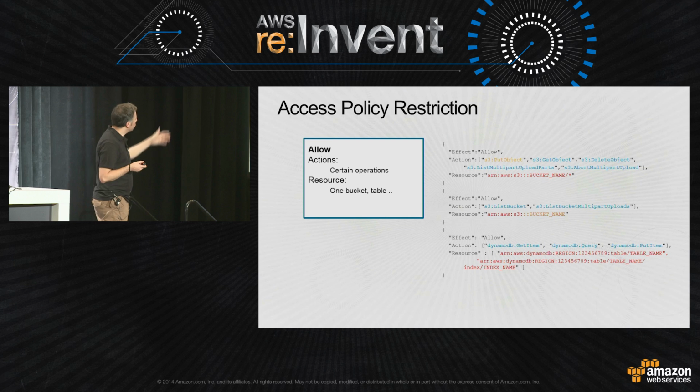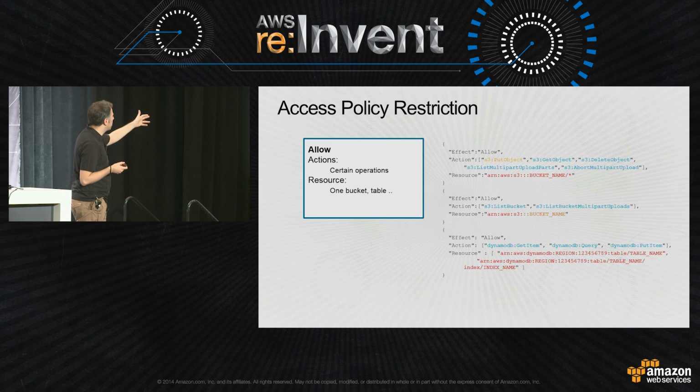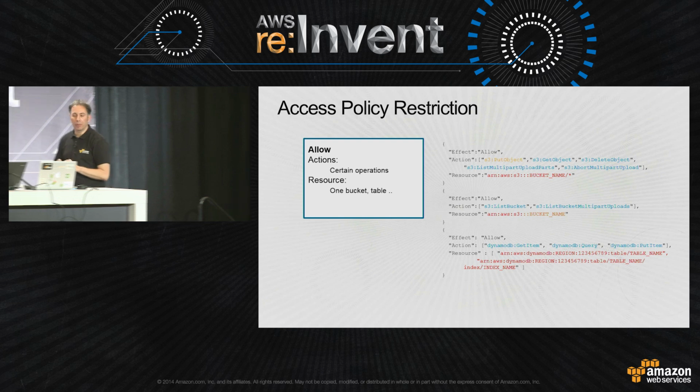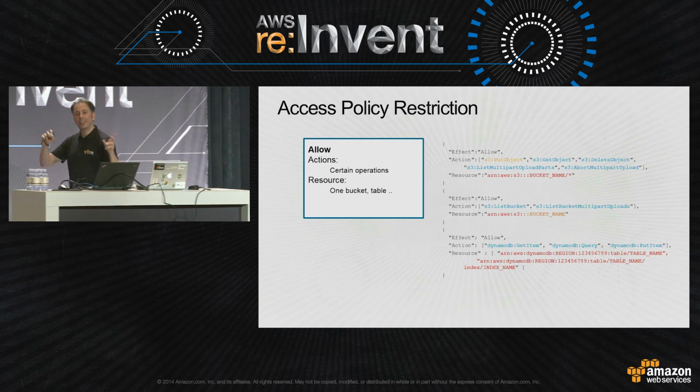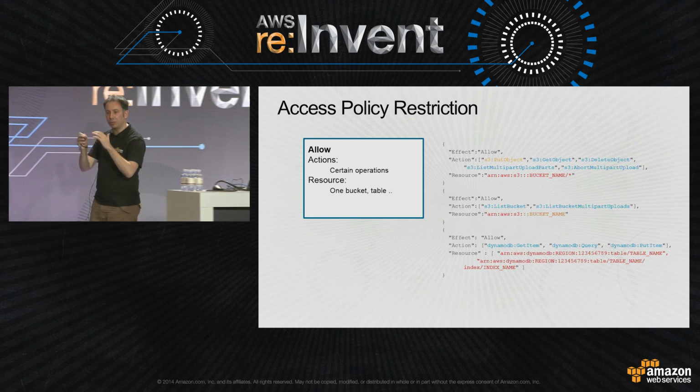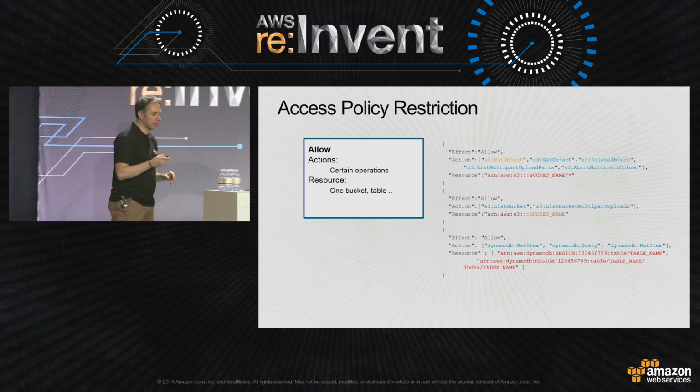And the third rule will give access to a specific table and to a specific index in that table for DynamoDB to get item, so to get a specific item by primary key, to query, it will run a query, and of course, put item to add an item into that table. So from the star in the previous example, we are starting to do some fine-grained access control.